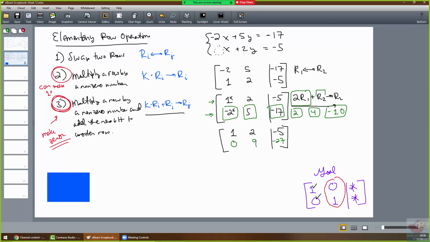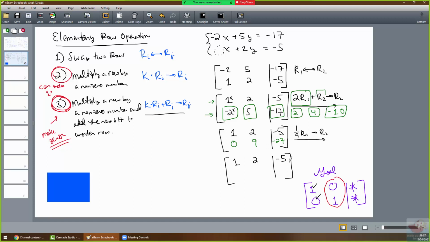So in order to continue, we're going to do 1/9 times the second row, and that becomes the new second row. So to make a 1, multiply by the reciprocal. The first row does not change. That still stays 1, 2, negative 5.